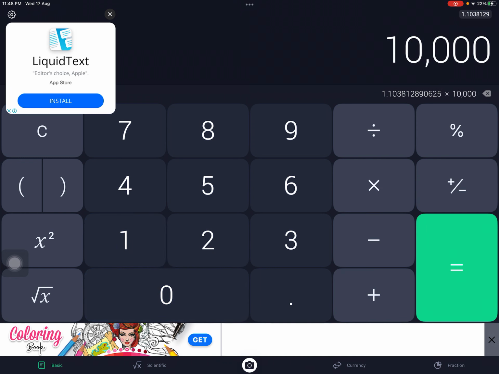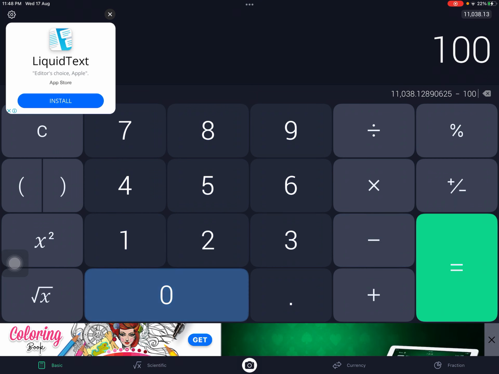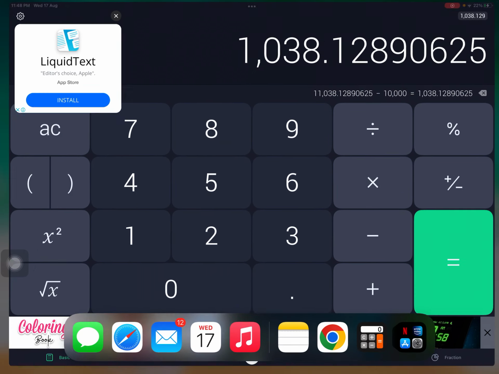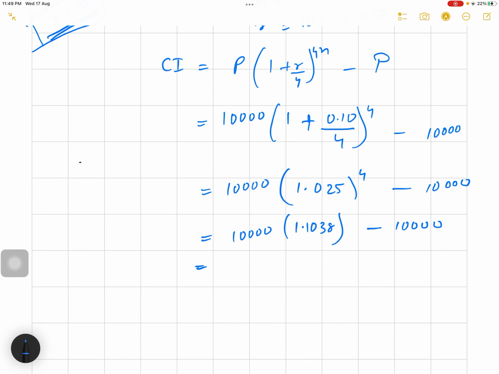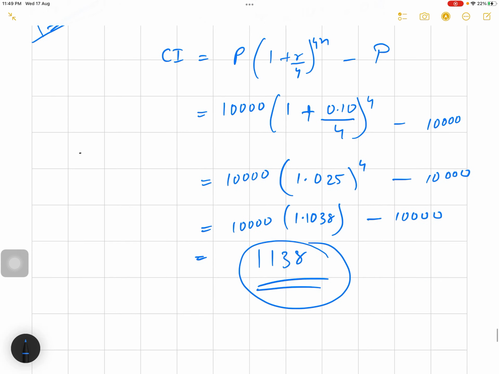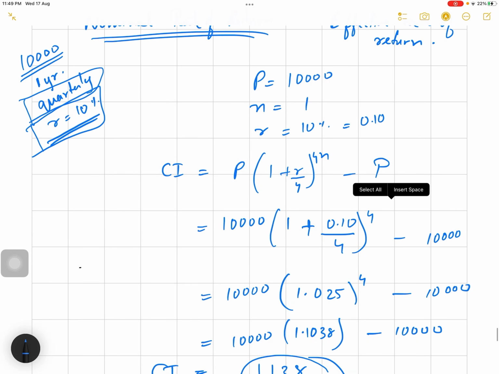1.1038 into 10,000 minus 10,000 is 1038.12. We can just ignore that 0.12. So my interest, the compound interest, is 1038. If I am depositing 10,000, I am earning 1038.